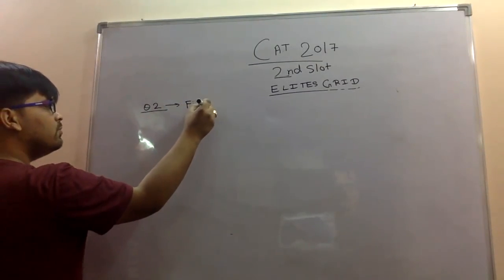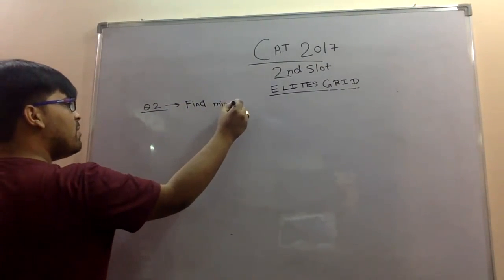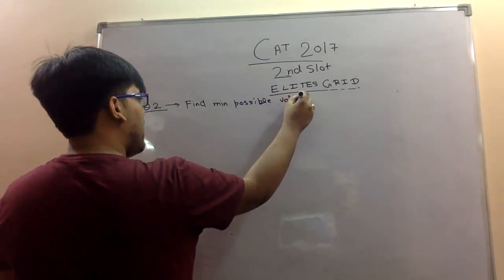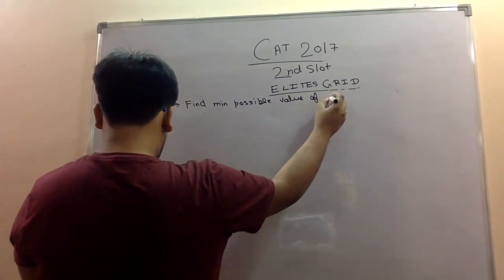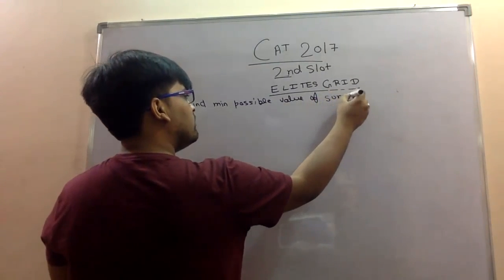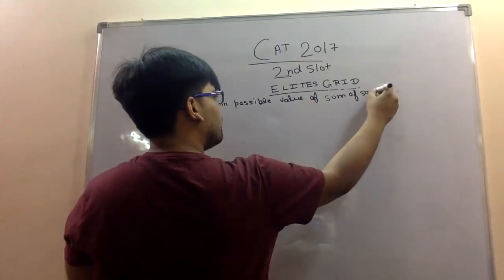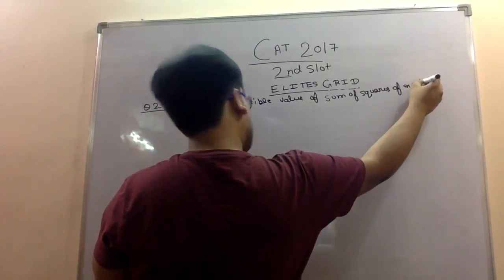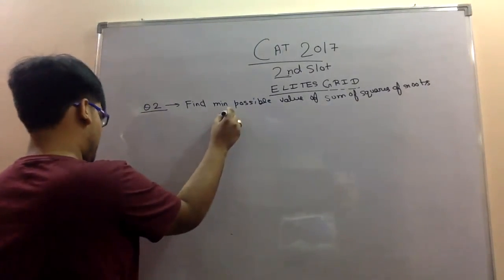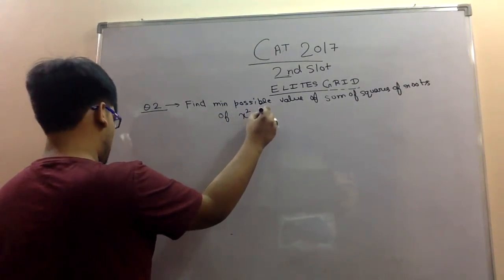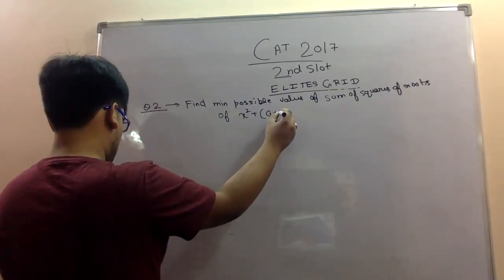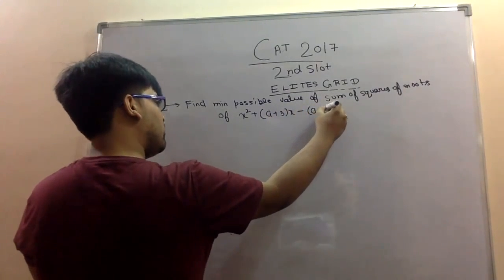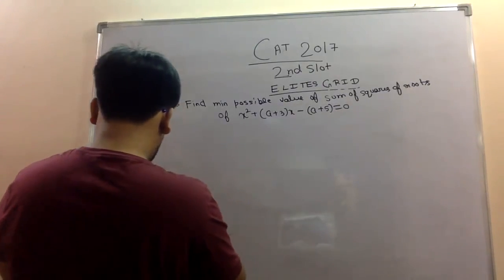Find minimum possible value of sum of squares of roots of x square plus a plus 3x minus a plus 5 is equal to 0.